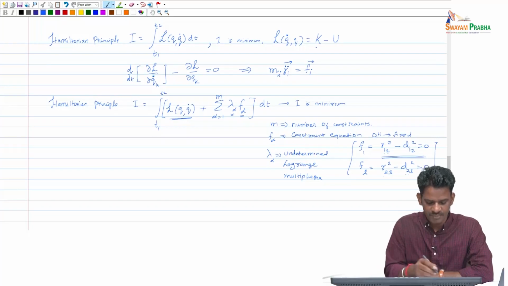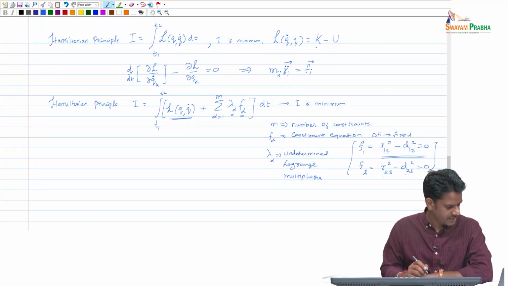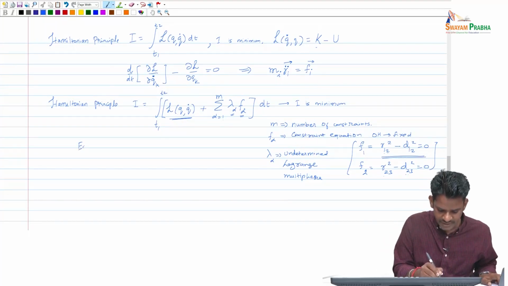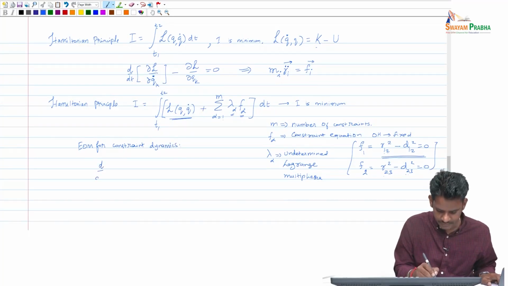So, now we apply this Hamiltonian principle to minimize this, and when you apply the variational principle to see when this is minimized, you can show that the equation of motion for constraint dynamics comes out to be the following.